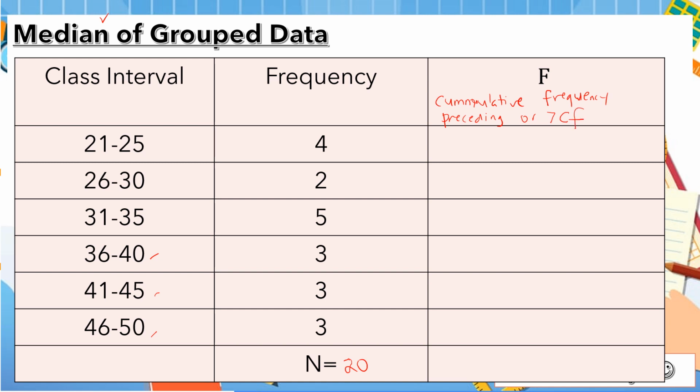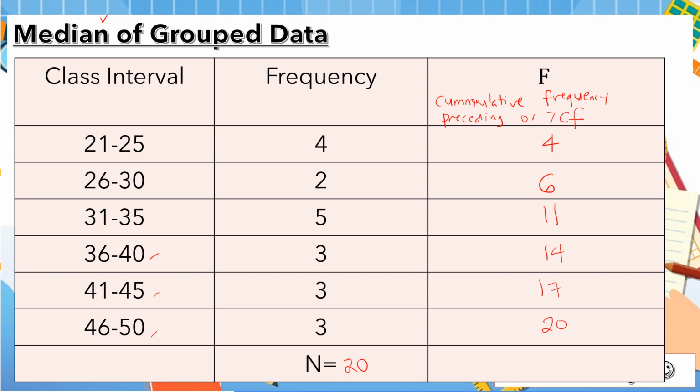To compute the cumulative frequency column, the first frequency is 4, so we put it here, and then we add. 4 plus 2, the answer is 6. 6 plus 5, the answer is 11. 11 plus 3, the answer is 14. 14 plus 3, the answer is 17. And 17 plus 3, the answer is 20.